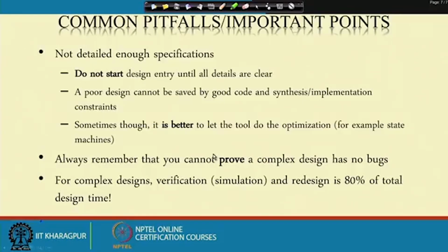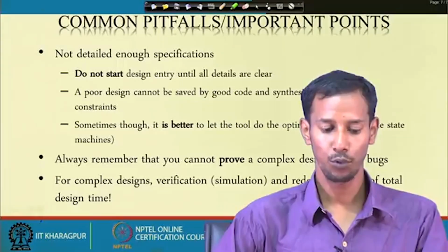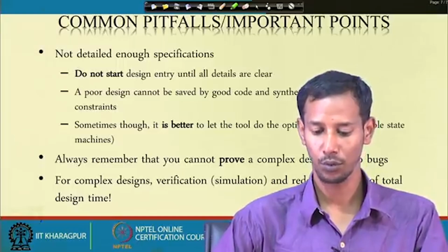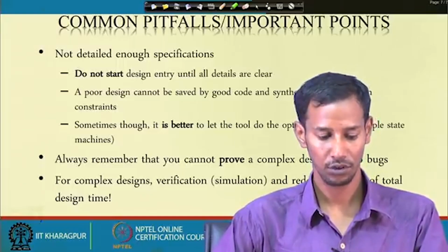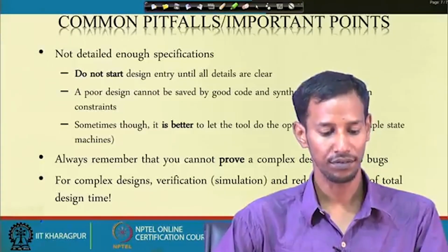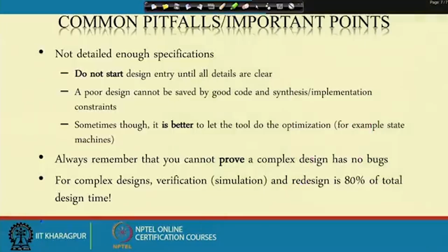The common pitfalls, or the important points you have to keep in mind: not detailed enough specification. Do not start design entry until all details are clear. A poor design cannot be saved by good code and synthesis implementation constraints. Sometimes it is better to let the tool do the optimization.